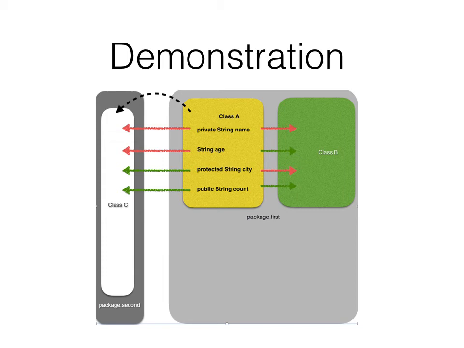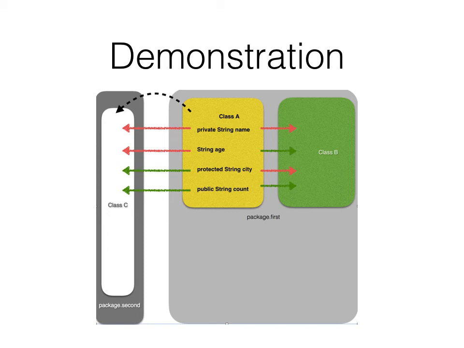With this dashed arrow you can understand that class C extends class A, and B is just another class inside package first. To summarize, we have two classes in package first and one class in package second, and class C is a subclass of class A.